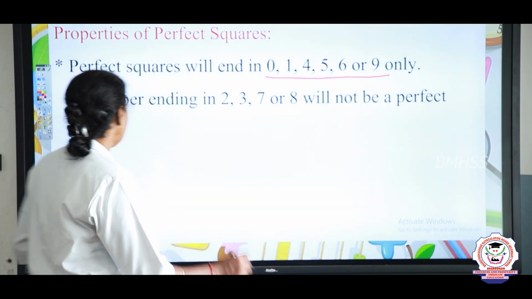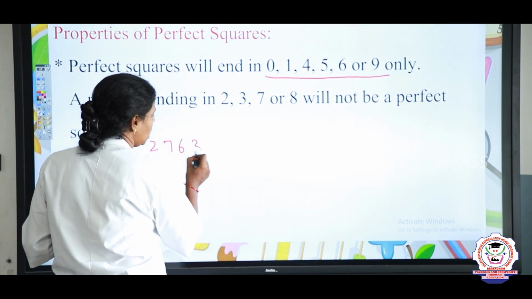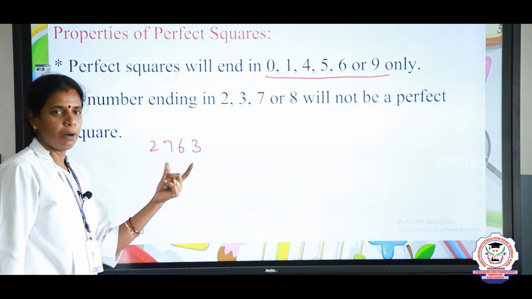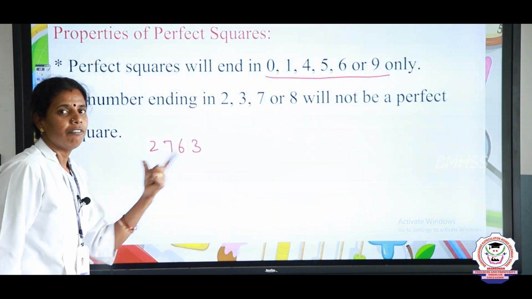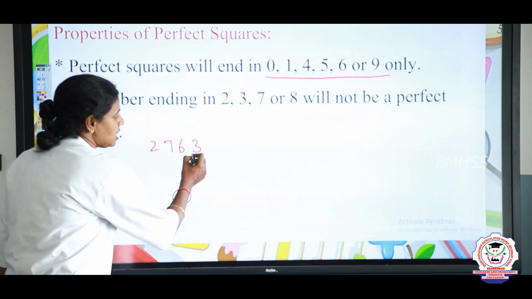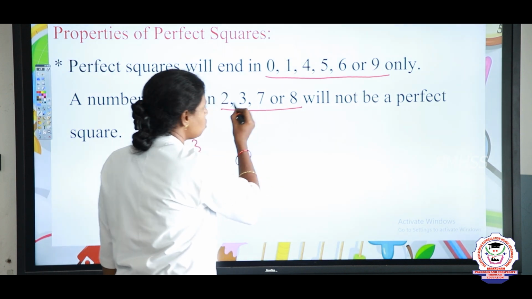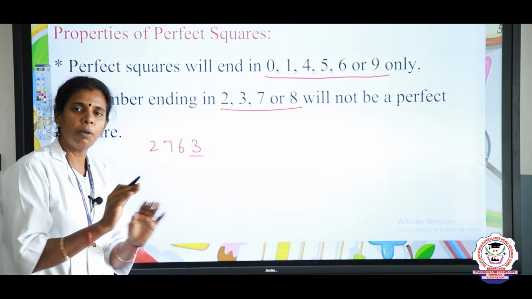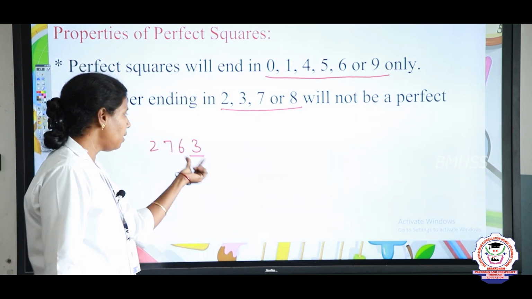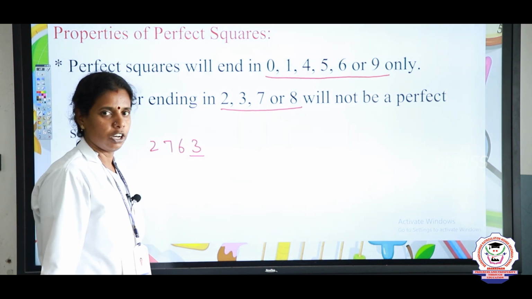For example, if I give you 2763, by seeing this number can we say whether it is a perfect square or not? How? A number which ends in 2, 3, 7 or 8 will not be a perfect square. So the number which ends in 3 is not a perfect square.